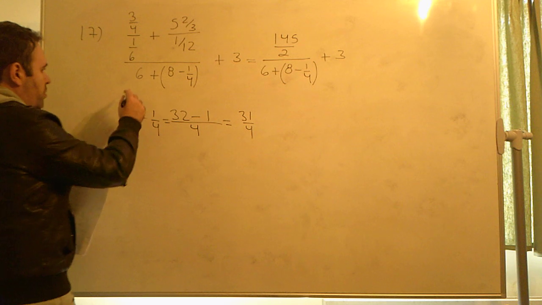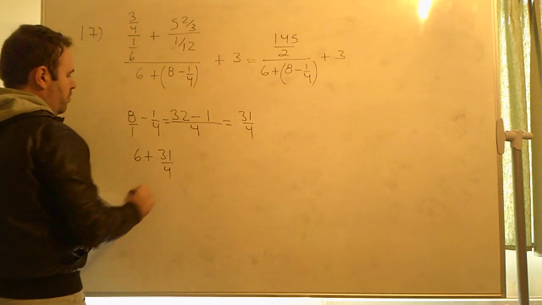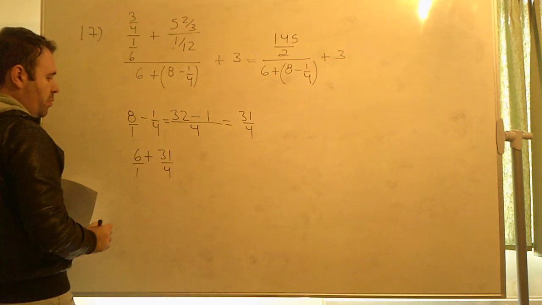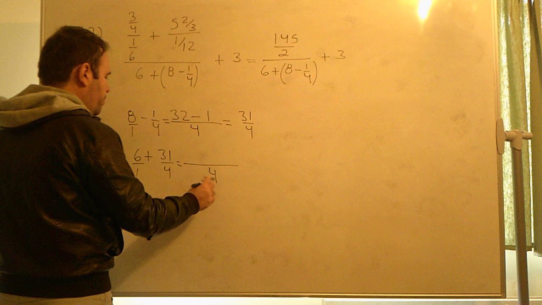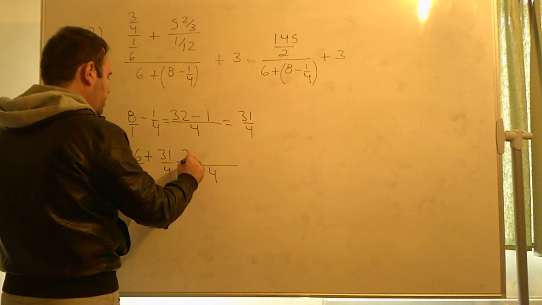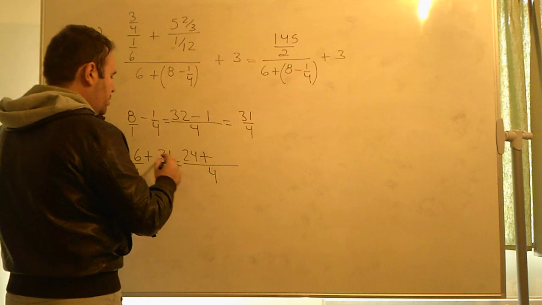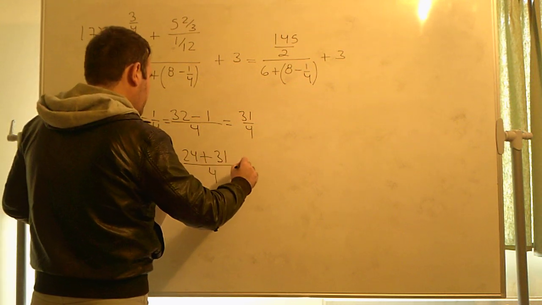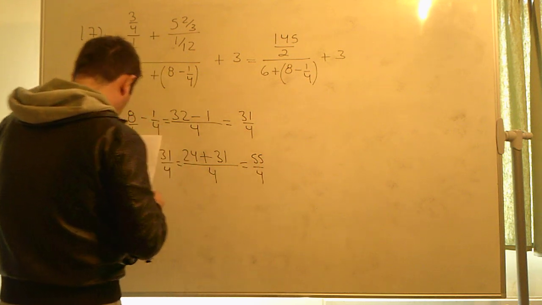Now we're going to add up 6, so 6 plus 31 fourths. Remember that 6 is divided by 1, and then the least common multiple will be 4. 4 divided by 1 is 4 times 6, 24, plus 4 divided by 4 is 1 times 31 is 31, so this will be 55 fourths.